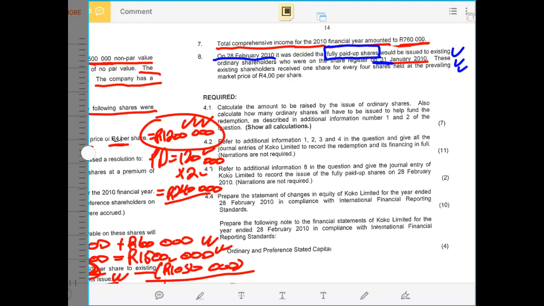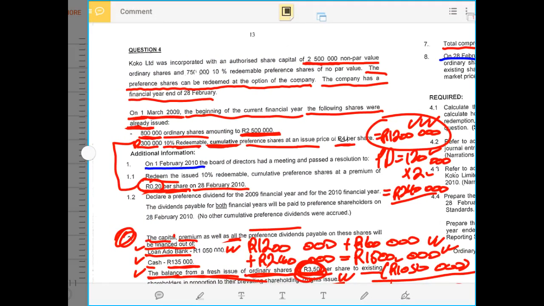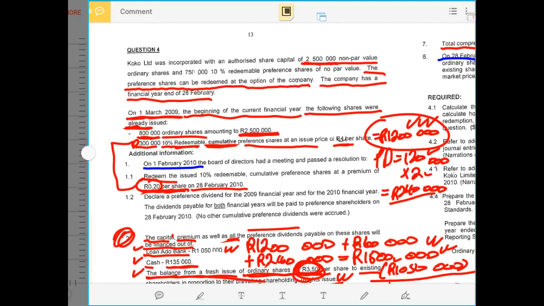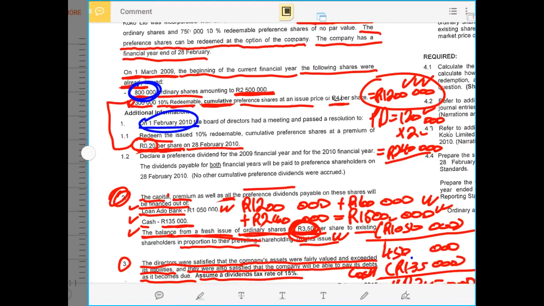So now they said these shareholders will receive 1 share for every 4 shares. Then how many ordinary shares were issued up to the 31st of January? We only know that the shares that were issued are 800,000 ordinary shares that we have in the share register that were already issued by the 31st of January, because these other shares were not yet issued by then.